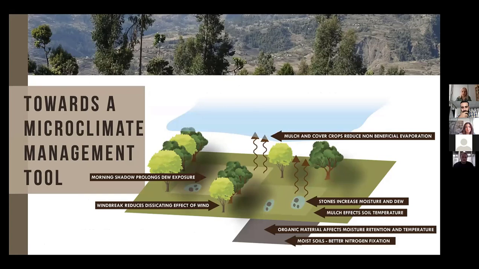For example, we see shading by trees, mulches being used, and the use of stones that increase the moisture and the dew, as we talked about. All these different practices can be combined and this way create a hopefully more conducive microclimate.